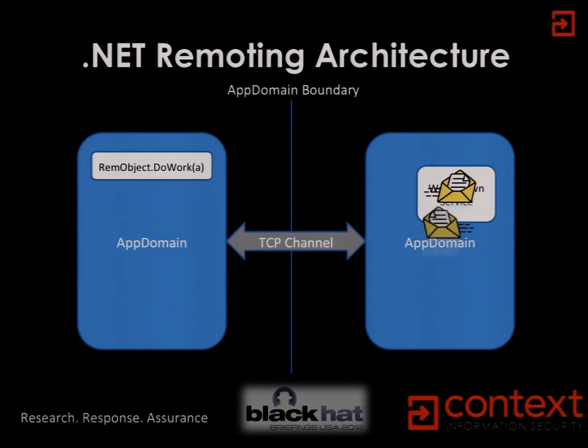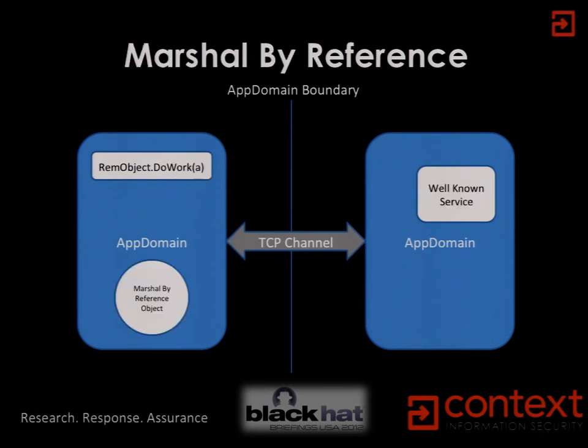Then obviously it's a symmetric process, so any return value gets thrown back across the link, and there is your remote call. But that does still leave the question of how parameters themselves get across the link. Because I've already said that you can't pass objects directly between app domains. So in this case, there's actually two ways in which you can pass objects, which are built into the framework.